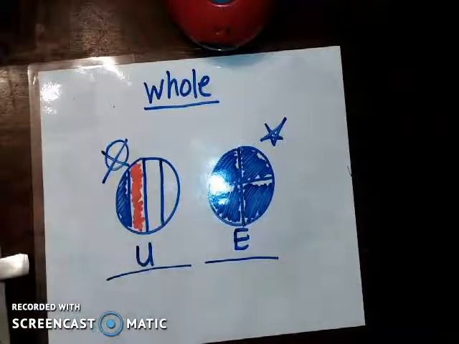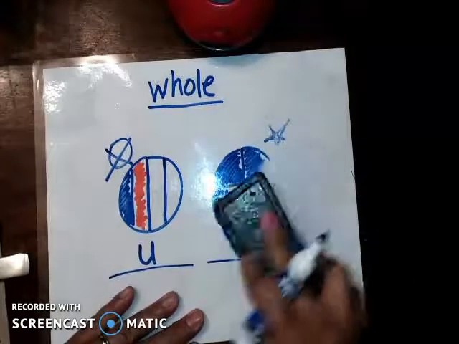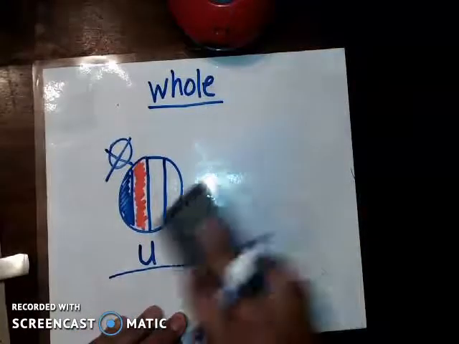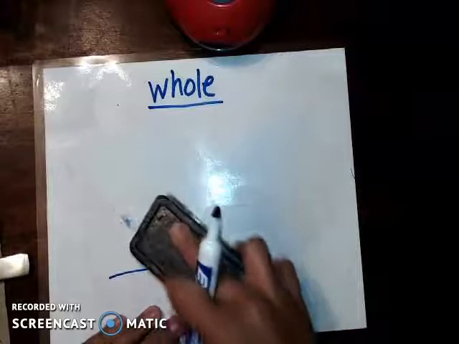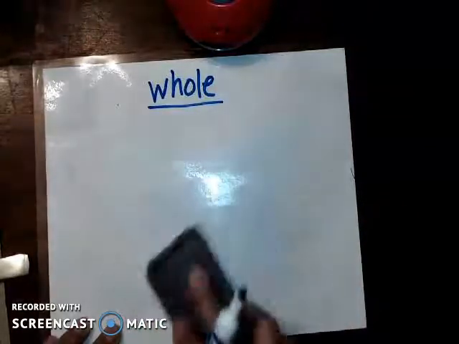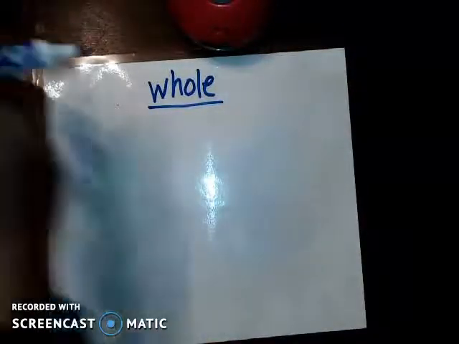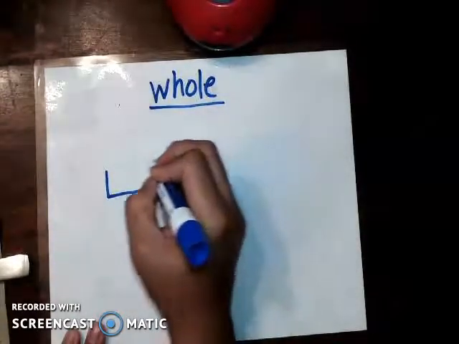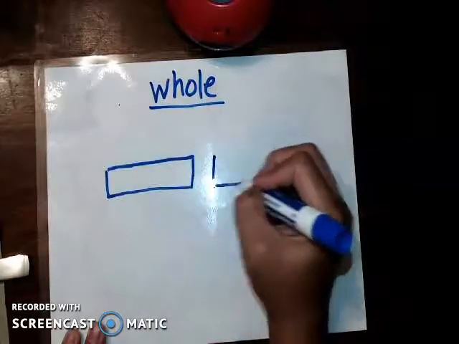Nice job. Let's erase our board and we'll try one more. Instead of a circle now, let's try a rectangle. So we're going to draw two rectangles, and again we're going to choose which one is equal and which one is unequal. Let's do two rectangles.